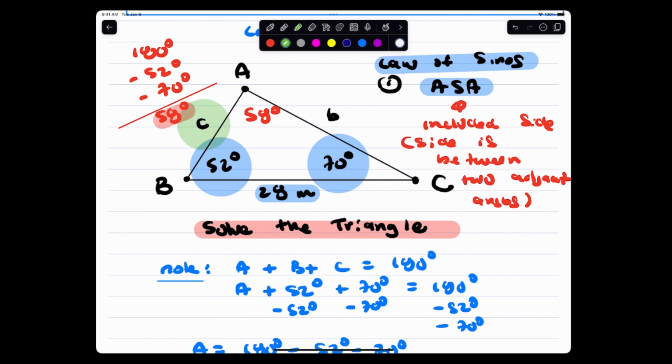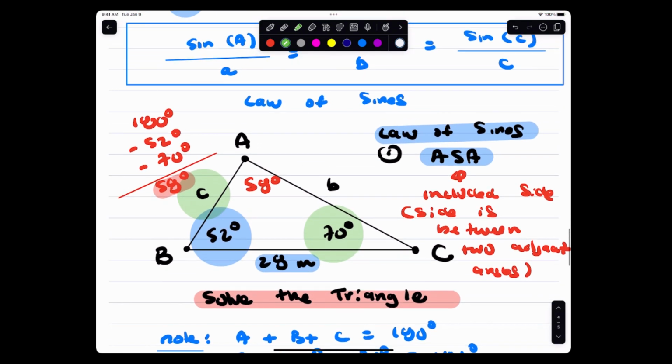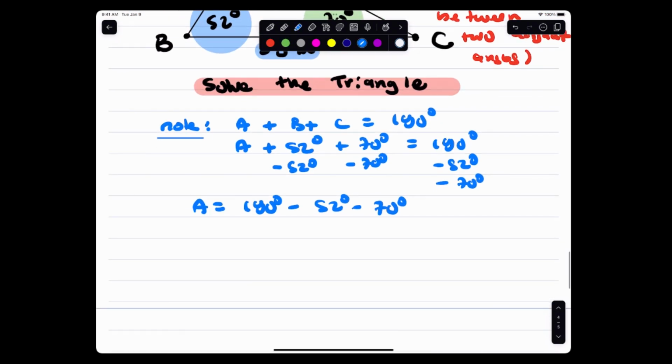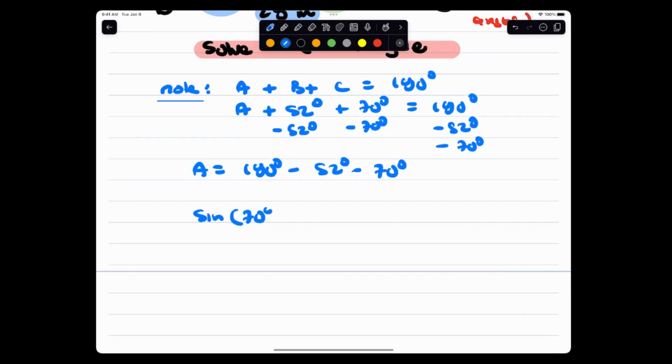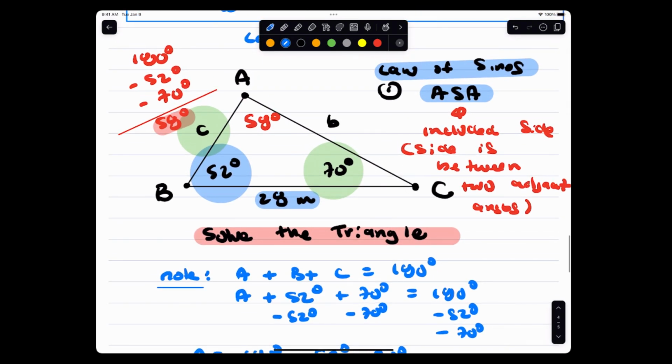To find that side, ladies and gentlemen, you always use the opposite angle that you know. So I'm going to write down sine of 70 degrees over C. Okay, you guys see what I'm saying?